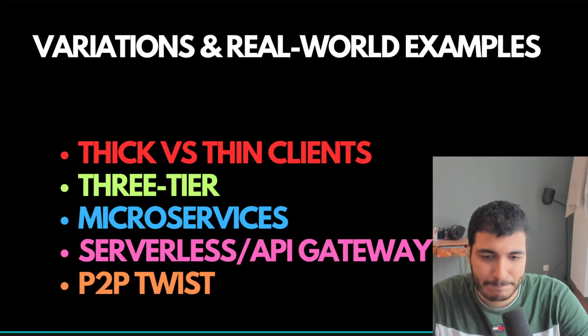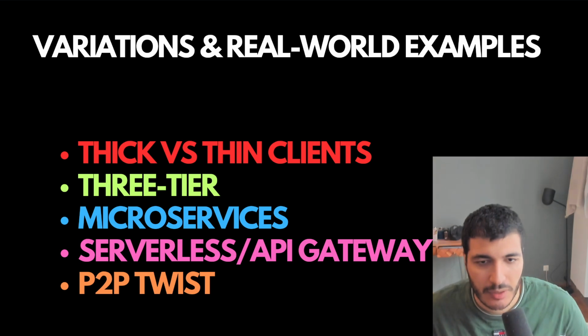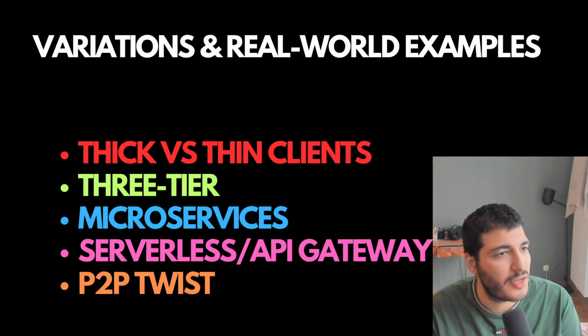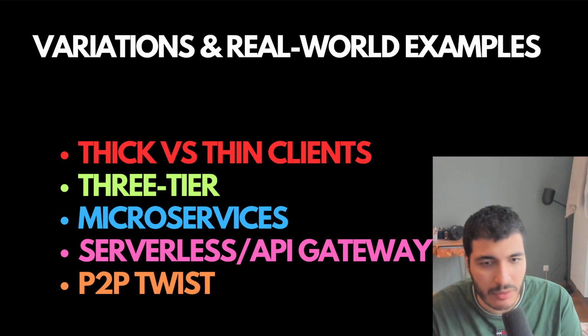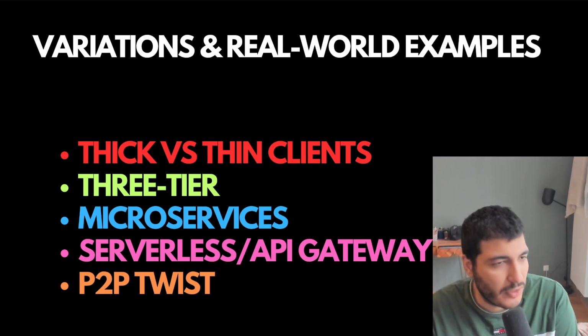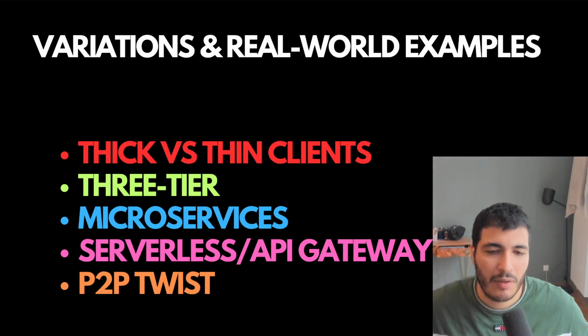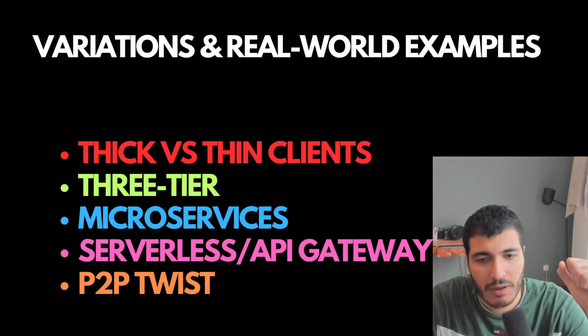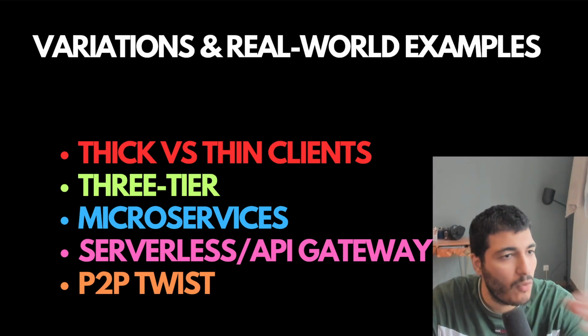Okay, we can talk about some variations and real world examples. There are thick versus thin clients, for example desktop Photoshop versus web Gmail. There is 3 tier, which is basically web tier, app tier, database tier. It's the classic enterprise. There are microservices, which are many small servers, each still speaking client server over the network.